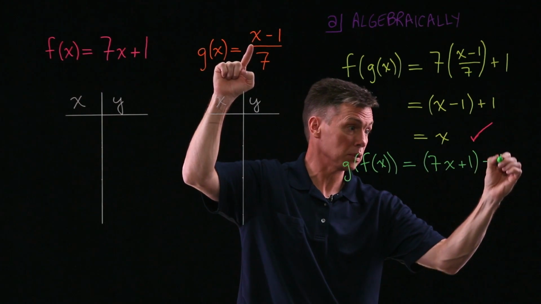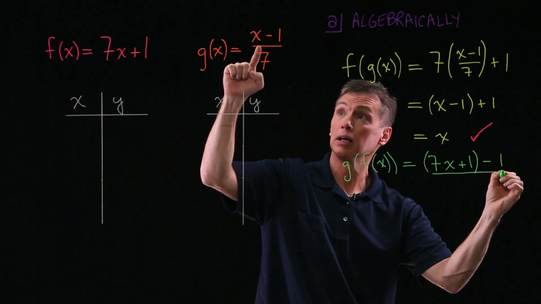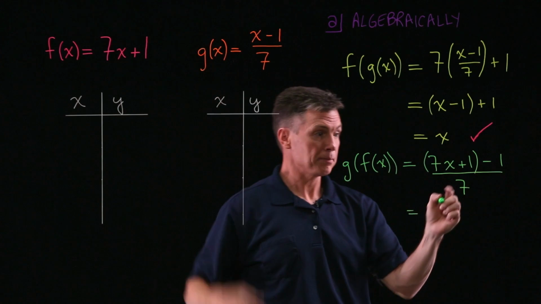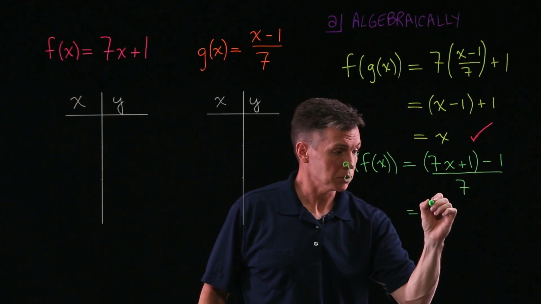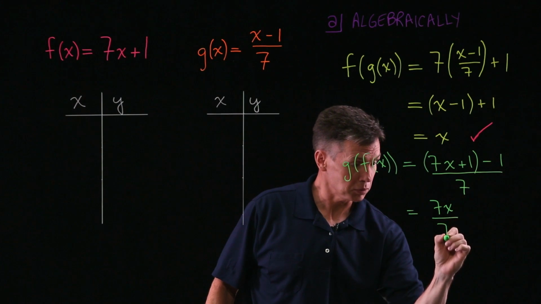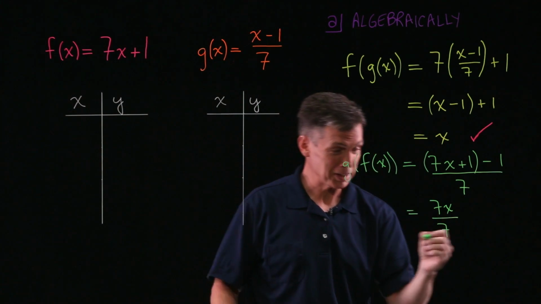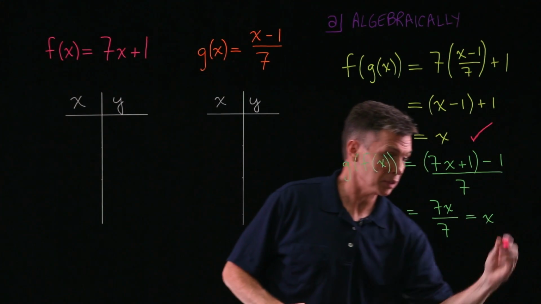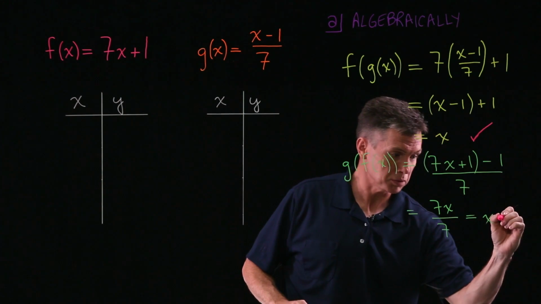And then there's a minus 1, all divided by 7. Simplify. Plus 1 minus 1 is going to go to 0. All that's left up top is 7x. We still have the 7 on the bottom, dividing out nicely. Good. We get the x that we wanted, and that's confirmed.